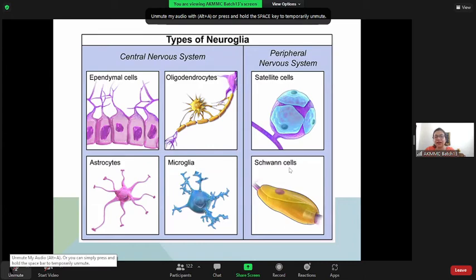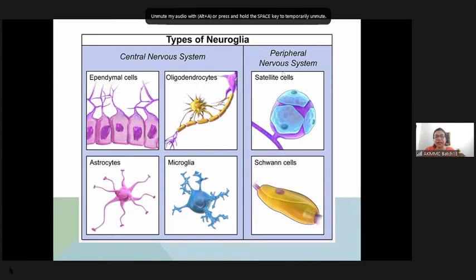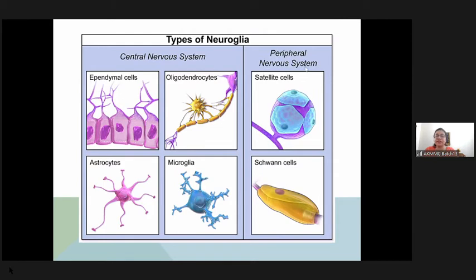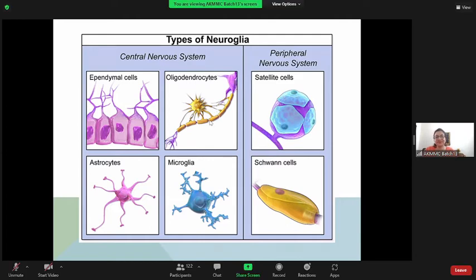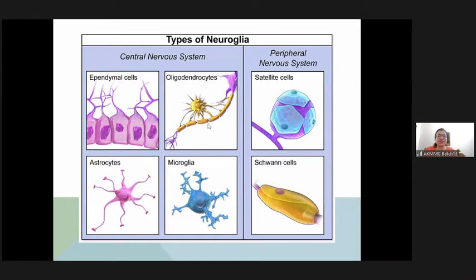These cells are supporting cells in the peripheral nervous system. Okay, are they excitable cells? No, ma'am, they are non-excitable. Which one was the excitable cell in the nervous tissue? Neuron. Very good.